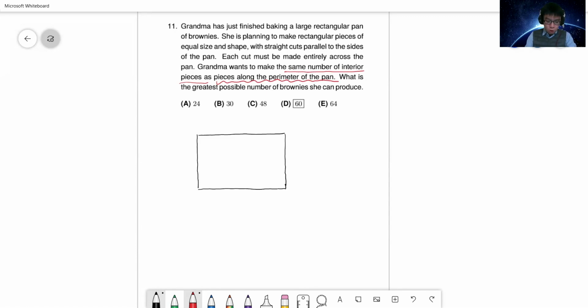So we can assume, horizontally, we cut into n pieces. And vertically, in this way, we cut into m pieces.